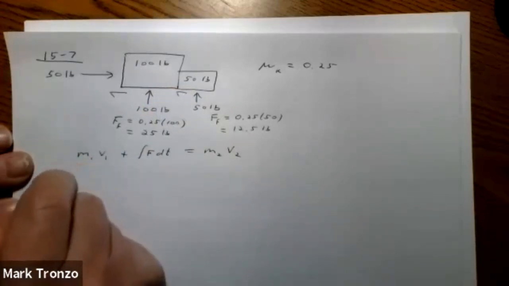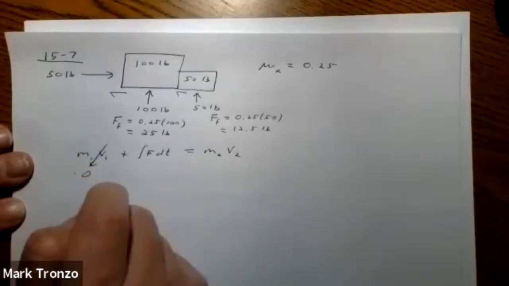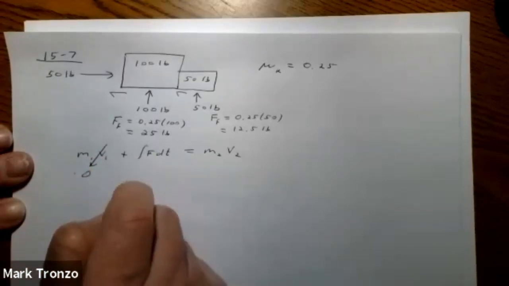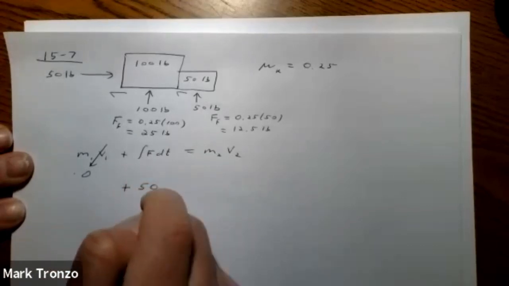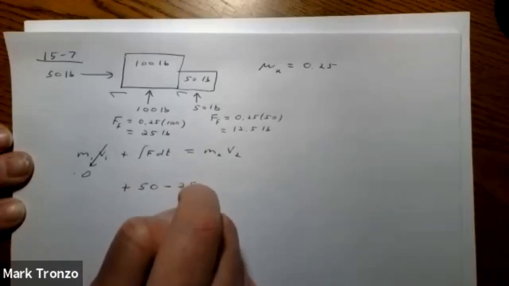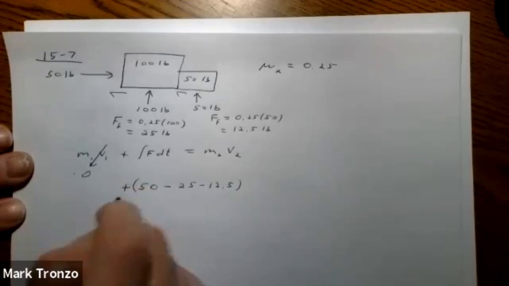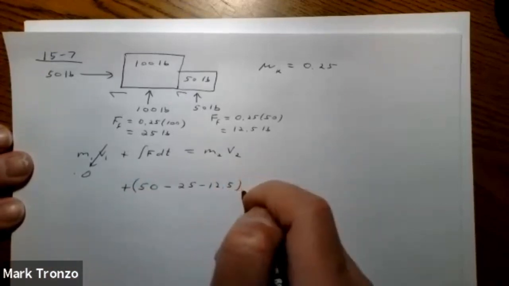So our initial momentum, again, is going to be 0 since it starts at rest. So over here, we can just write this force, which is 50 minus our friction force, and it says they want to know what happens after 5 seconds.